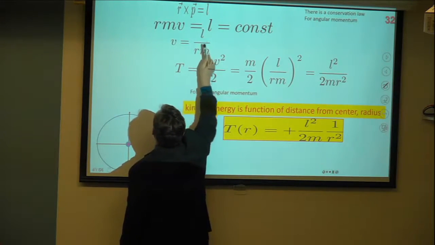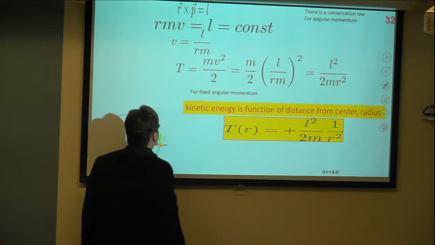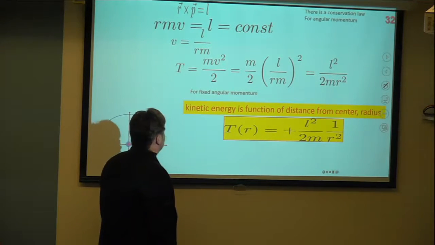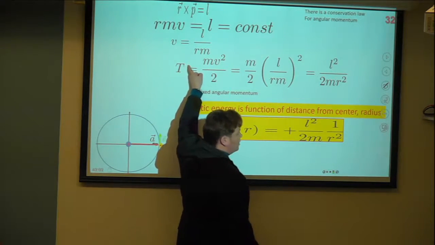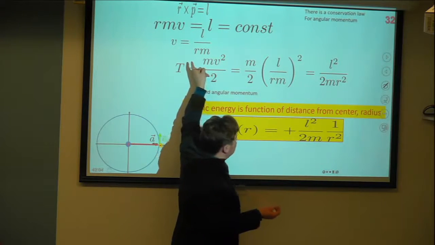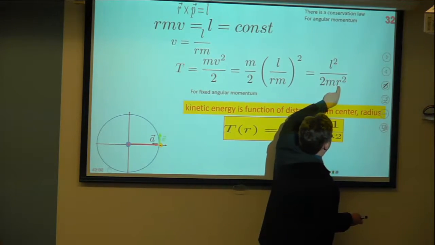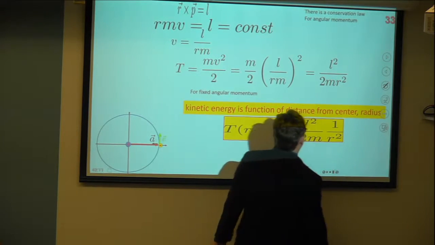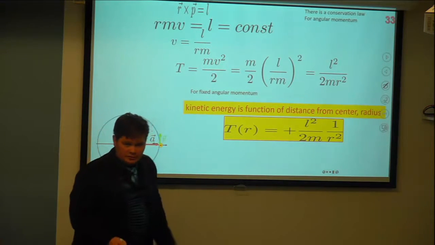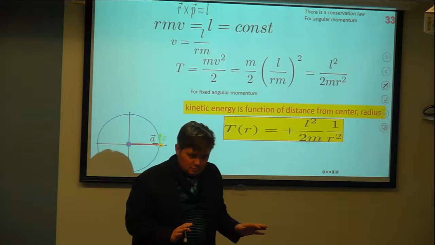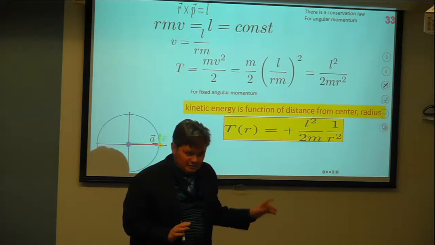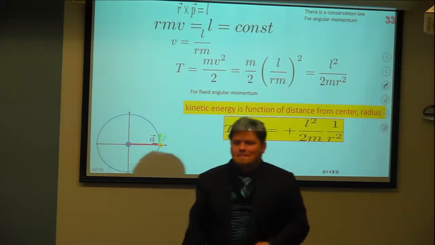Velocity is angular momentum divided by mass and distance. And kinetic energy, we already covered it in the Hamiltonian for rotation. So angular momentum squared over 2 times inertia, mass times distance squared. Right? No surprise. I was not cheating. It's correct.